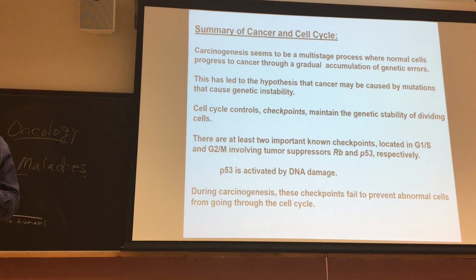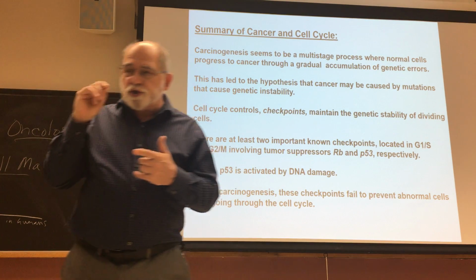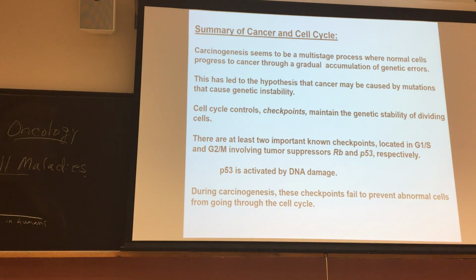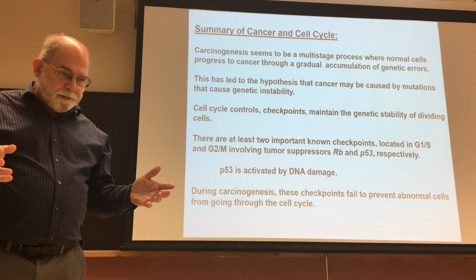In addition, you'll find out that there are checks on whether or not the cells are responding to growth inhibitors, whether they're making appropriate growth factors, receptors at appropriate times. So if you've got cells that are going through division inappropriately, they're presenting inappropriate antigens to the environment.